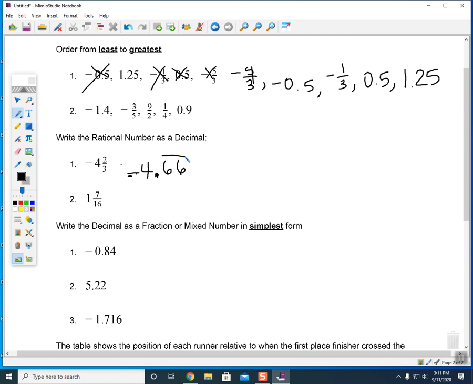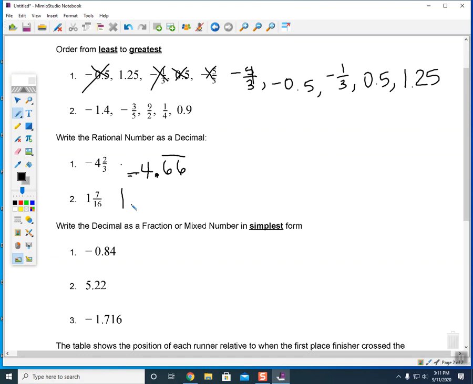You can do the same thing with this one. So I'm going to have one whole, I know that. And then I've got 7 divided by 16, which I'm going to need my calculator for. So I've got 7 divided by 16.